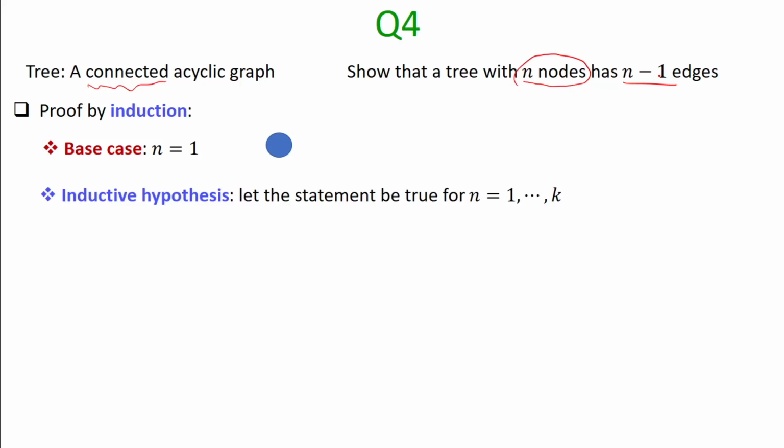Assume the inductive hypothesis is true. That means assume the statement is true for all trees consisting of up to k nodes.